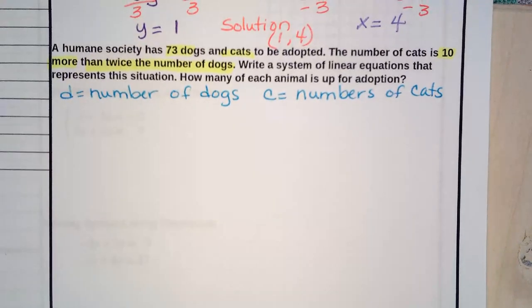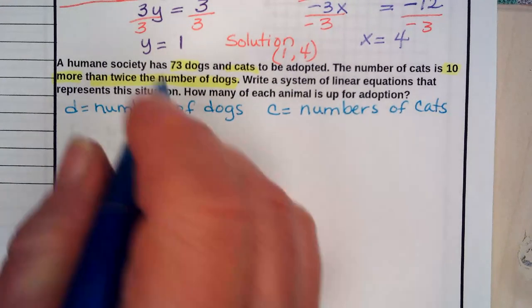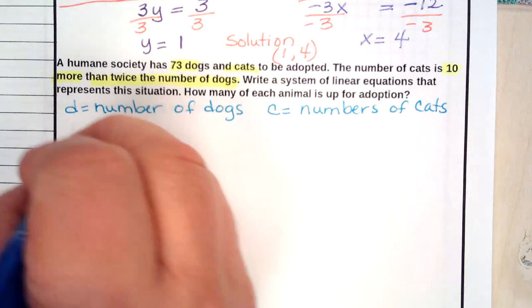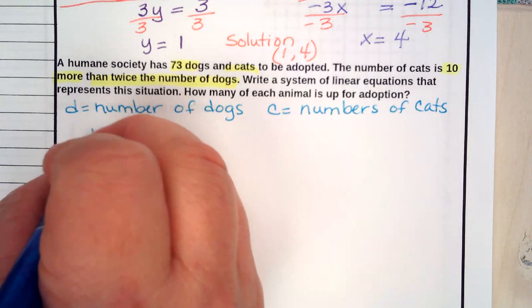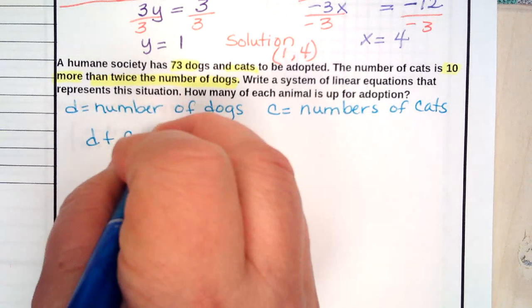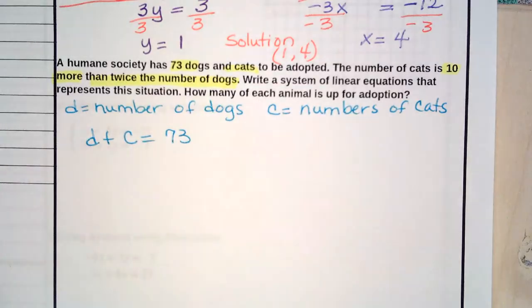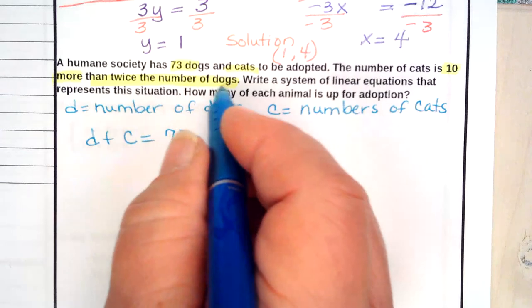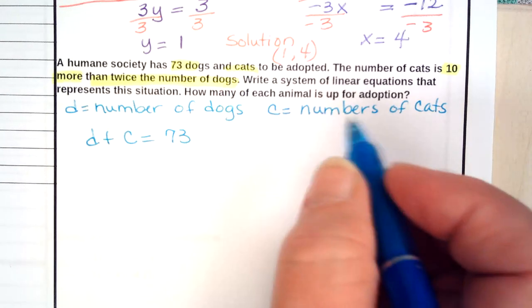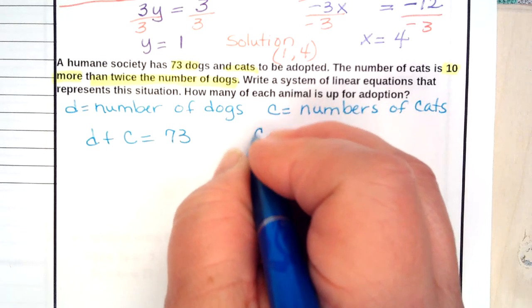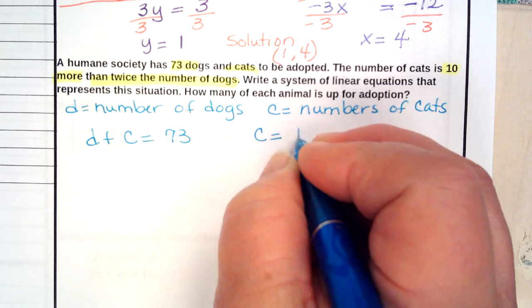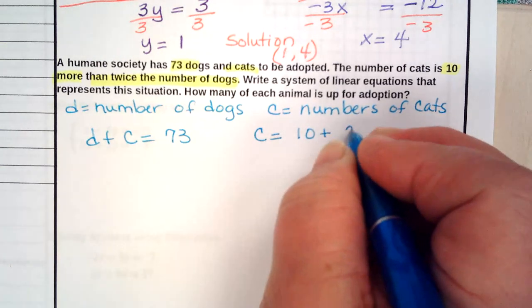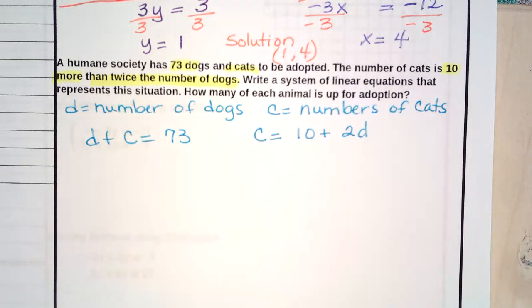Well, we know the number of cats and dogs together is equal to 73. D plus C equals 73. But the number of cats is 10 more than twice the number of dogs. So my C is equal to 10 more than twice the number of dogs.